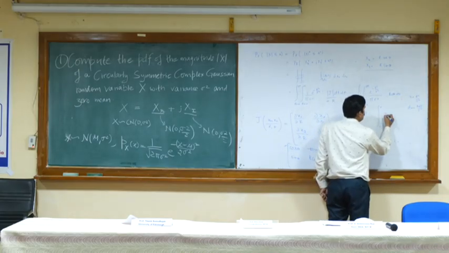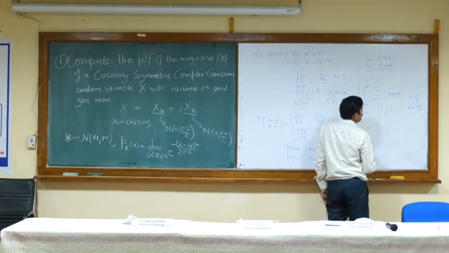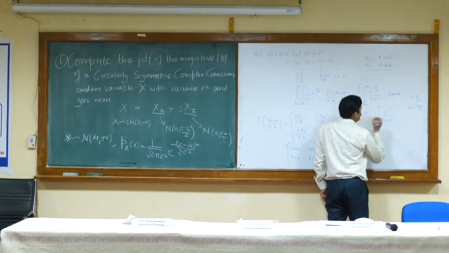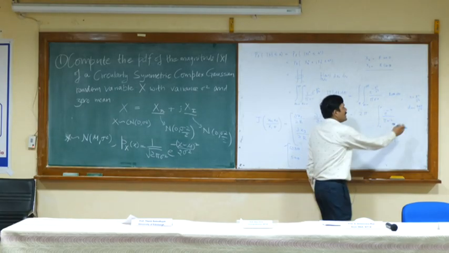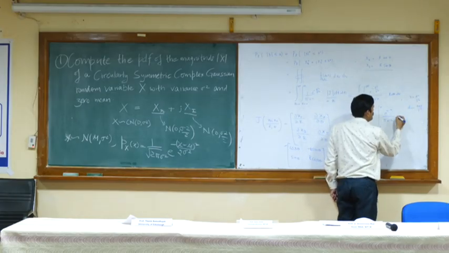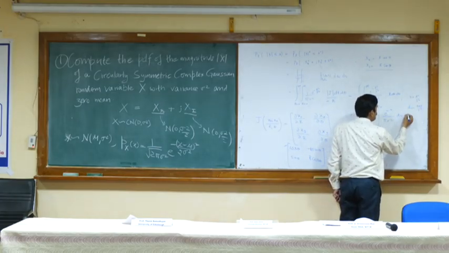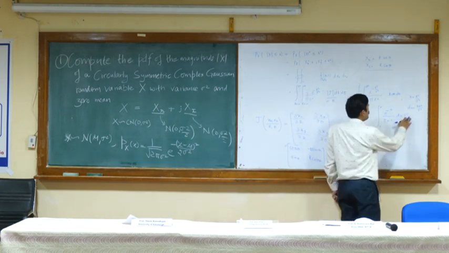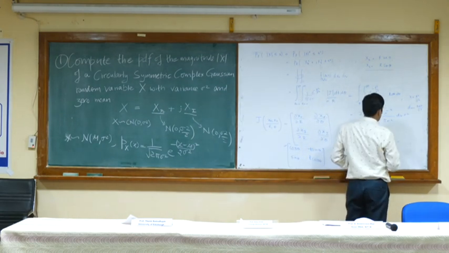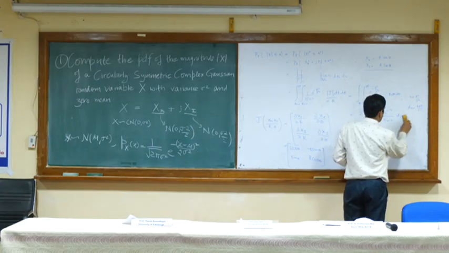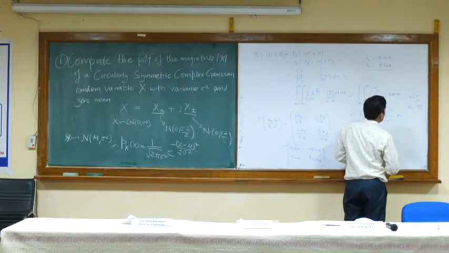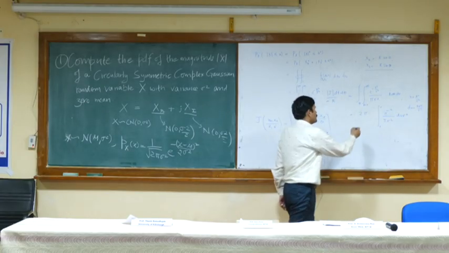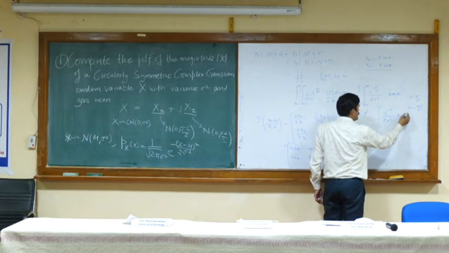And I will have e to the power minus u divided by pi sigma square, and r dr I can put as du into sigma square. So pi and pi cancel out, sigma square cancels out.